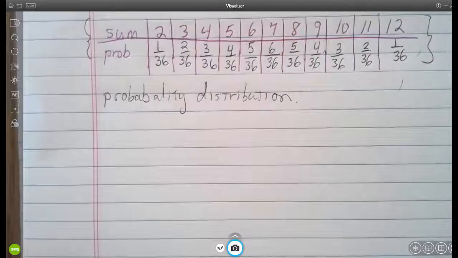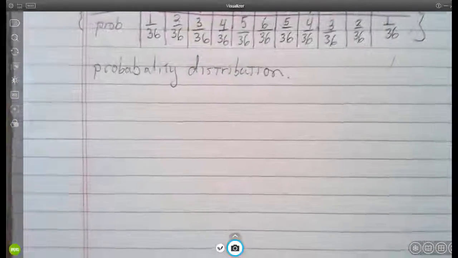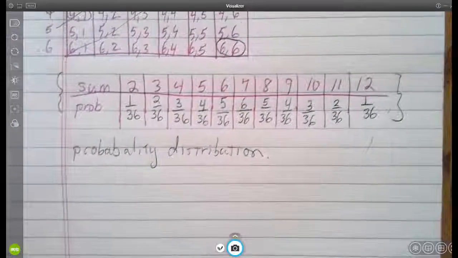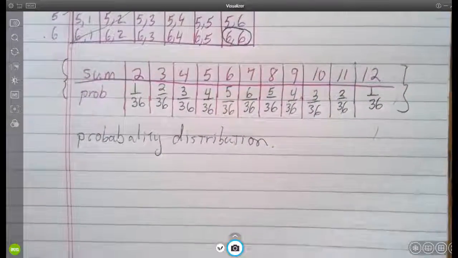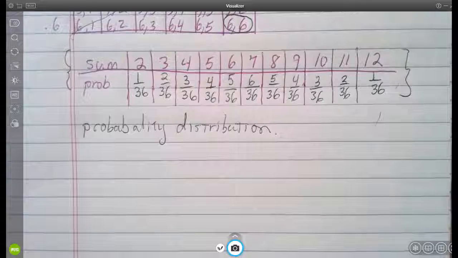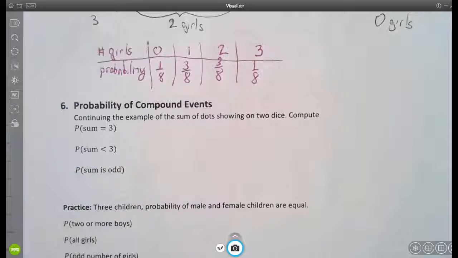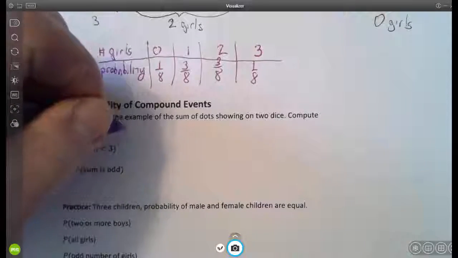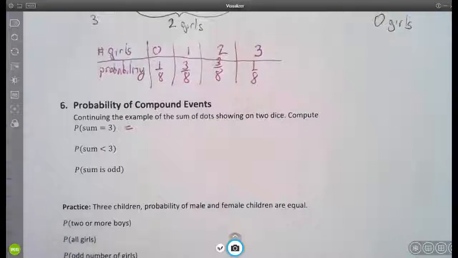So there's our probability distribution. We'd like to ask the question, what is the probability that the sum will be equal to 3? Well, that is directly off from our distribution. You just look it up.